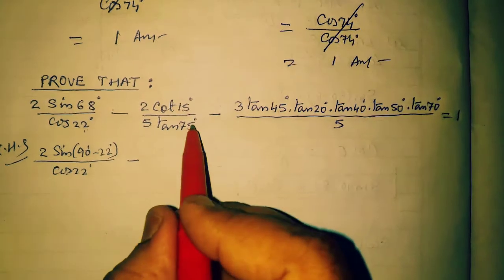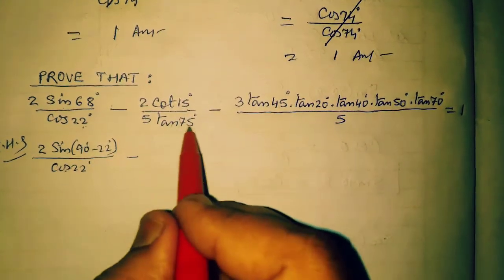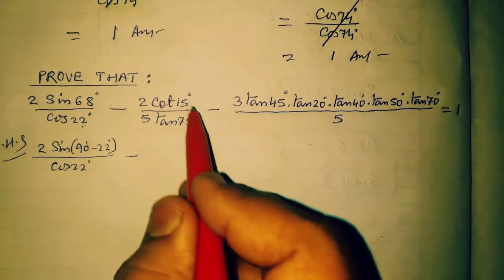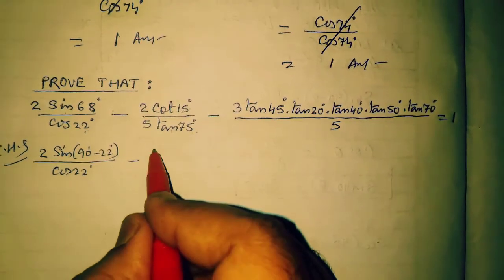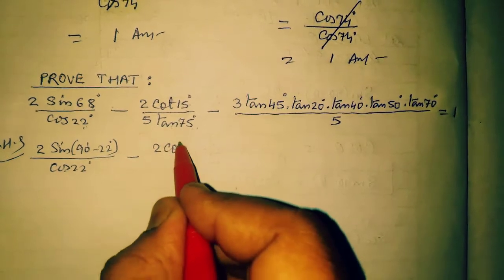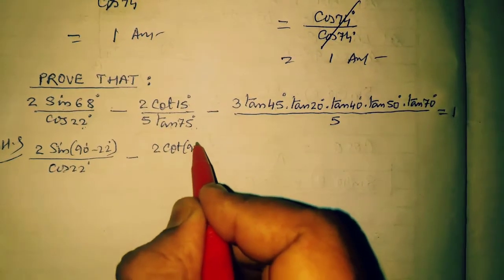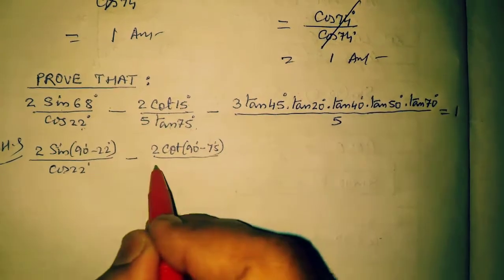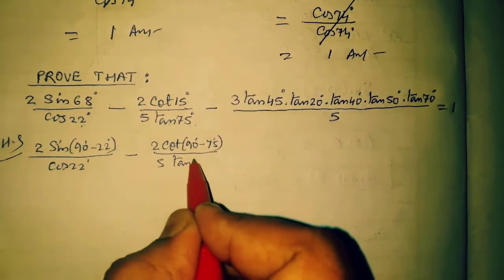Minus, again we'll see here cot 15 degree and tan 75 given. So I either convert numerator or denominator, because 15 plus 75 is 90. So I'll convert the numerator, that is cot of 90 minus 75, because 90 minus 75 is 15, divided by 5 into tan 75.